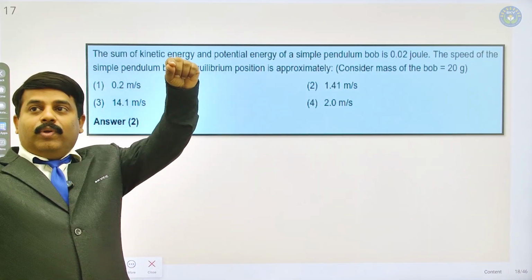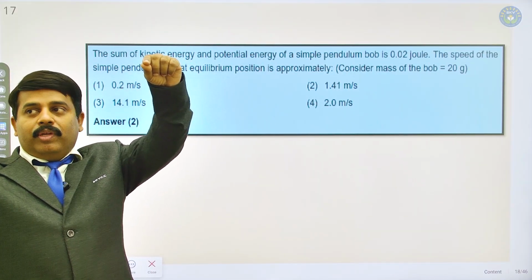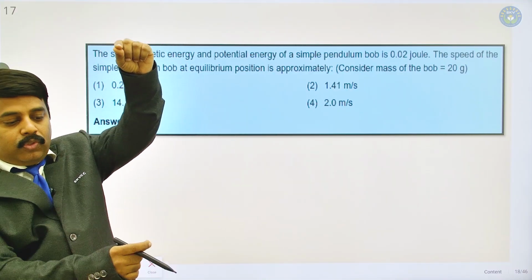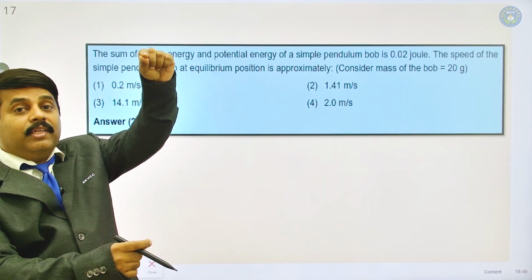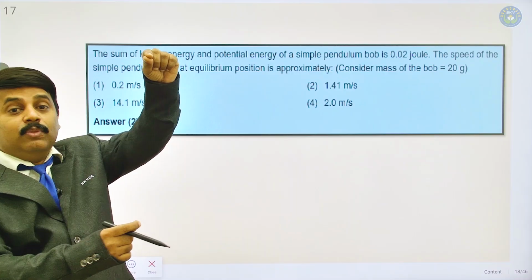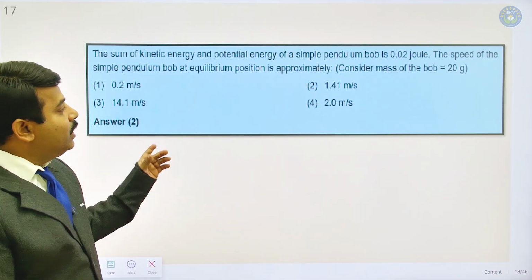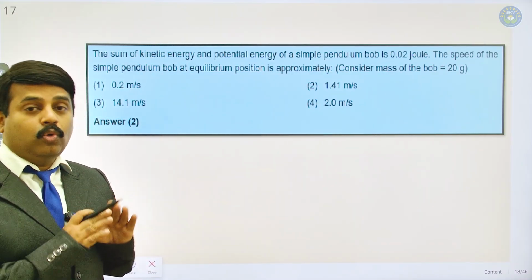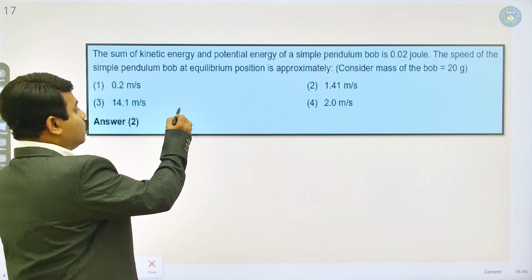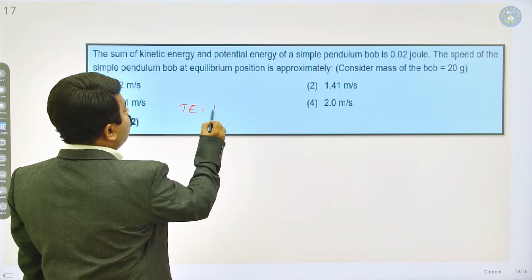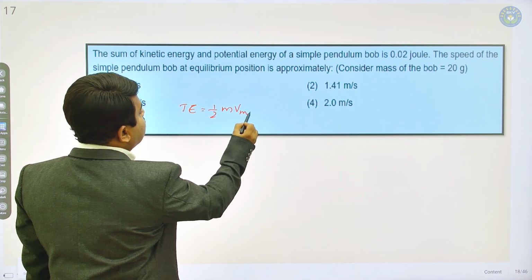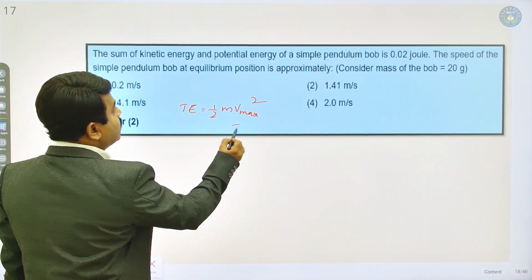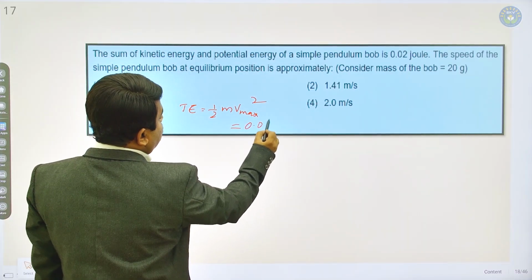So when the simple pendulum moves from the top position to the mean position, its kinetic energy at the mean position is maximum, right? So kinetic energy maximum means it is equal to total energy. So total energy equals kinetic energy maximum, that is equal to the given 0.02.